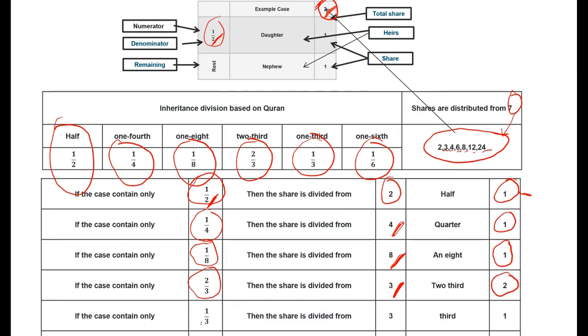If a case contains 1/3, then the asl al-mas'ala will be from 3. 1/3 over 3 is 1. If the case contains 1/6, then the total share will be from 6. And 1/6 is 1. So this is how you calculate if the case contains one fraction.